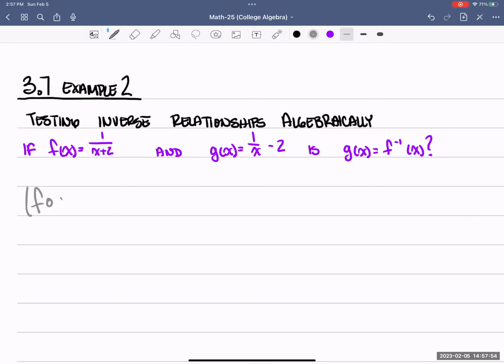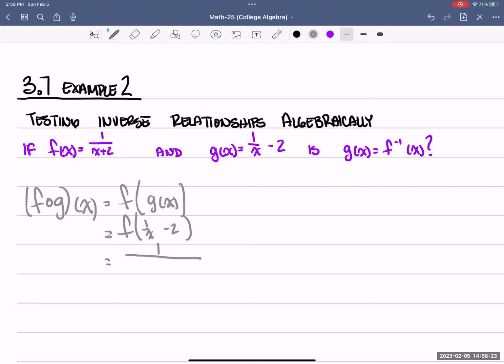So f of g of x is equal to f of our inside function g of x, which is 1 over x minus 2. Our outside function is 1 over our input plus 2.